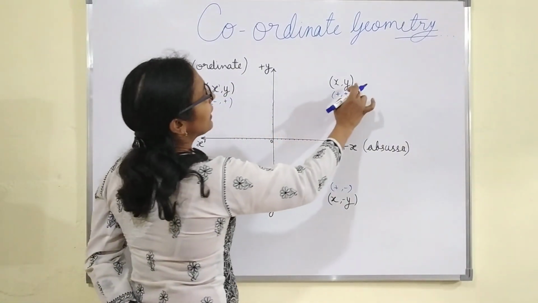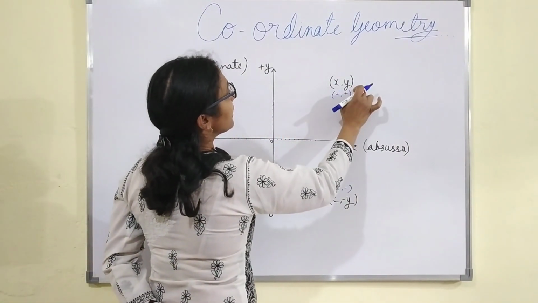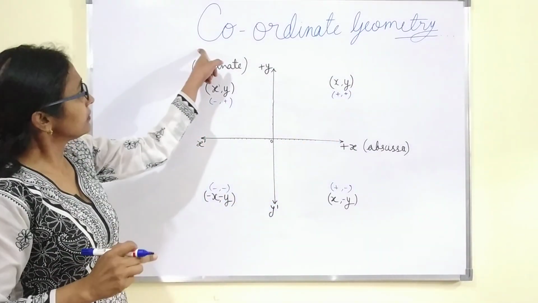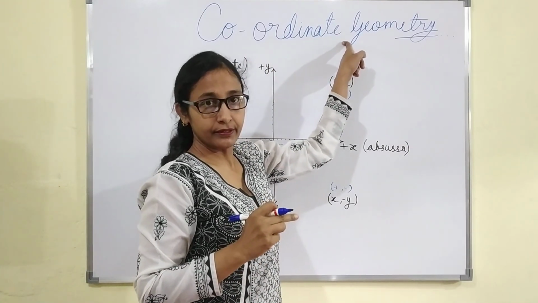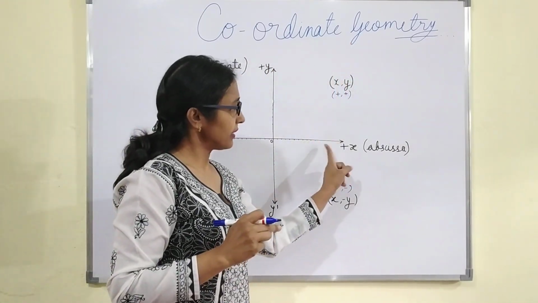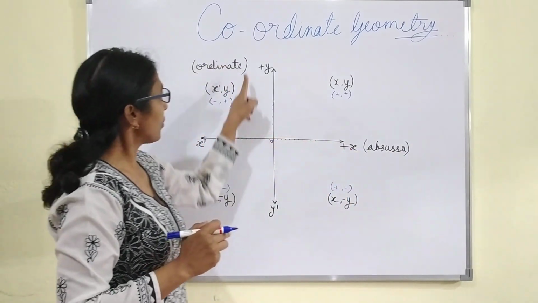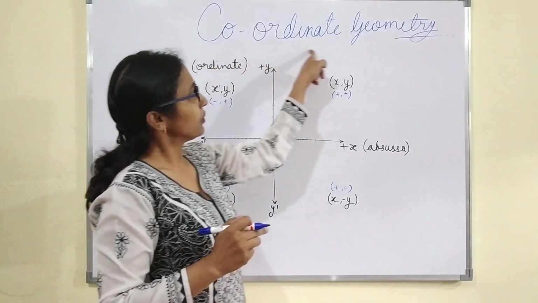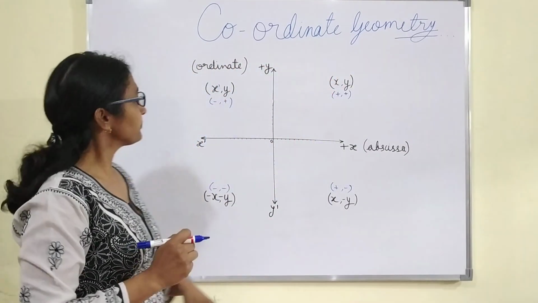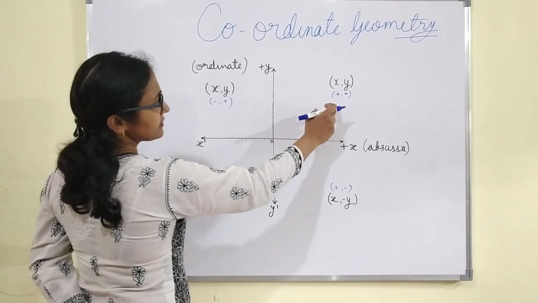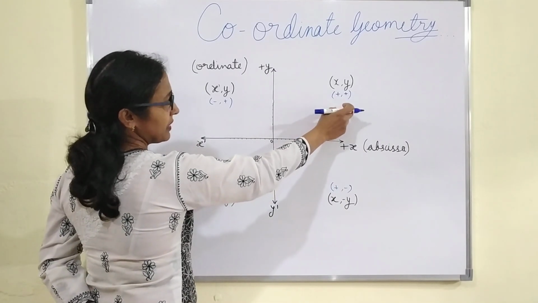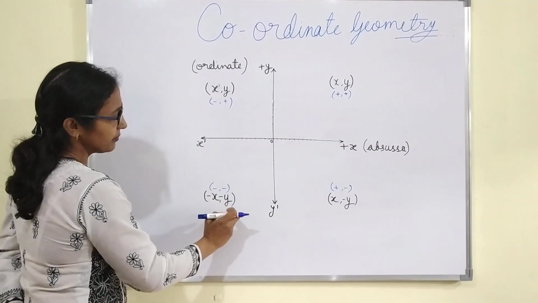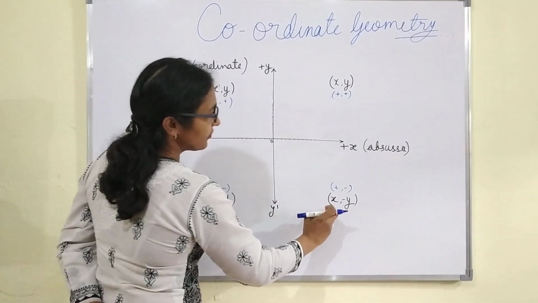When we write abscissa and ordinates together, they are called coordinates. So the number on the x-axis is the abscissa, the number on the y-axis is the ordinate, and together they are called coordinates. The first quadrant is plus plus, the second quadrant minus plus, the third quadrant minus minus, and the fourth quadrant plus minus.